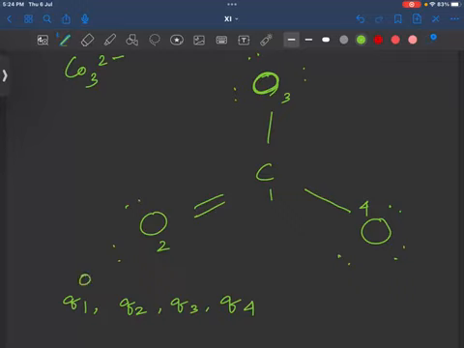O2 formal charge is 0. O3 formal charge is -1. O4 formal charge is -1. What is the overall charge coming out to? -2. So what is the overall charge in CO3? -2. Understood?